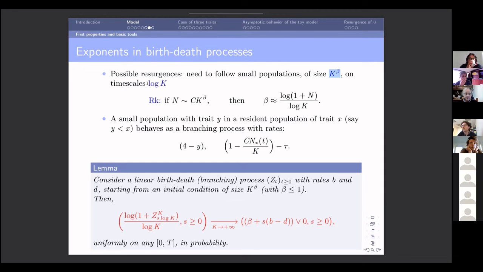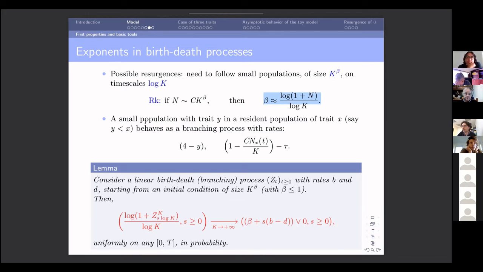The proper time scale to look at the dynamics of such population size is log k. So I'm going to look at the dynamics of the exponent beta, which is given by this formula: the logarithm of population size divided by log k. This is the exponent beta.